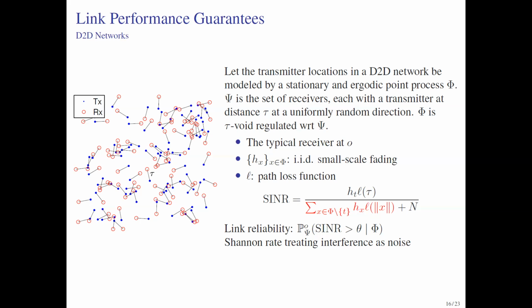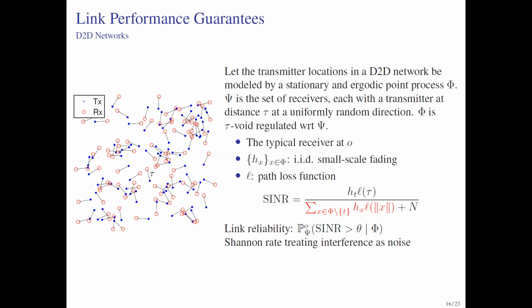And the SINR is the ratio between the signal power, which is the fading from the desired transmitter and the path loss with distance tau in this case, and the amount of interference it receives from all the rest of the active transmitters in the network plus noise power.